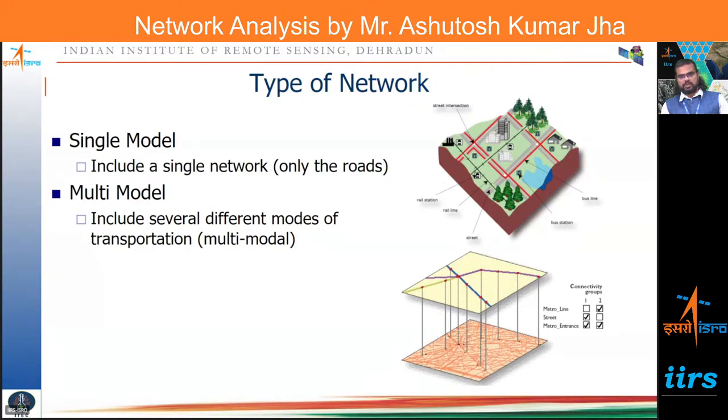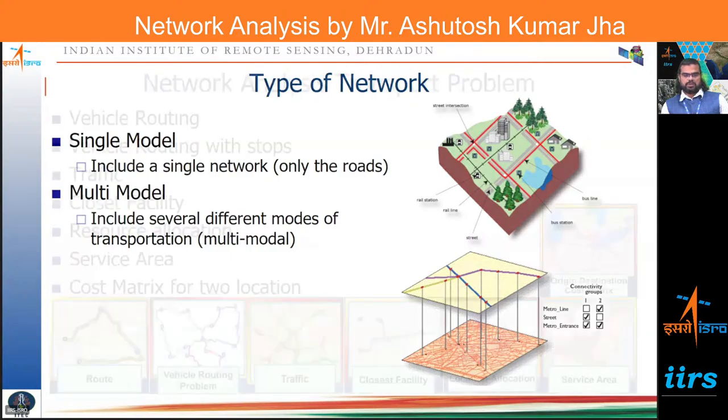For example, if you have just a road network in your analysis, then those are single model. And then you have multi-model, in which you can include multiple transport systems, like a road network, and then you combine the rail network infrastructures into the same network. Those kinds of detailed logistic networks are examples of network systems.